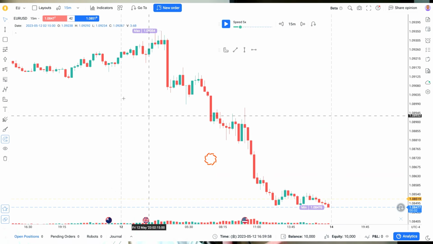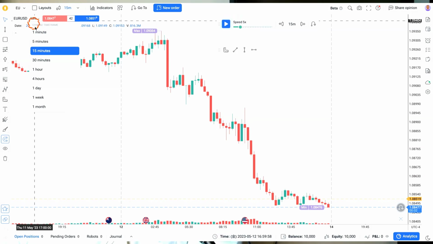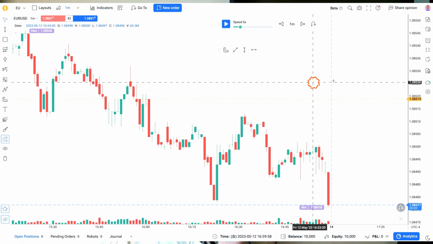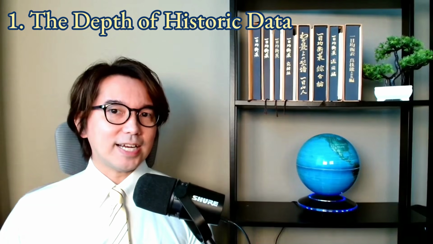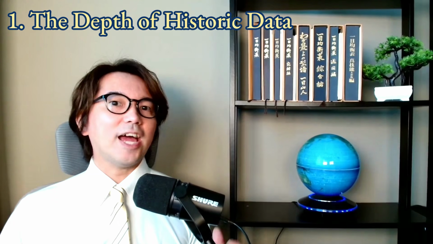By using years of 1-minute data, we can repeat our test over 200 times per currency pair. It's only because we have this solid foundation of deep data that we can step into the live market with absolute confidence.